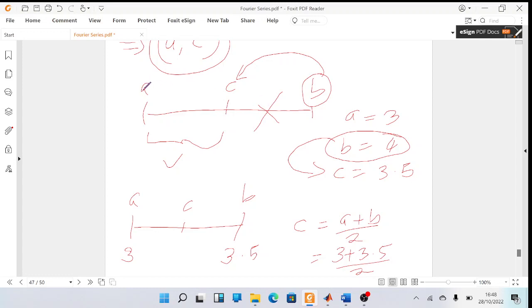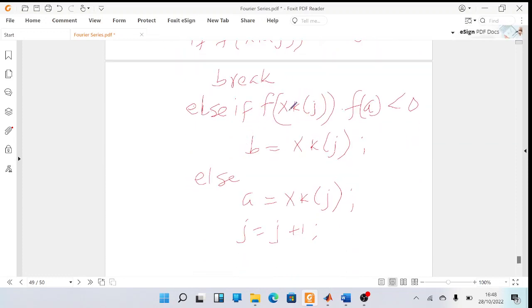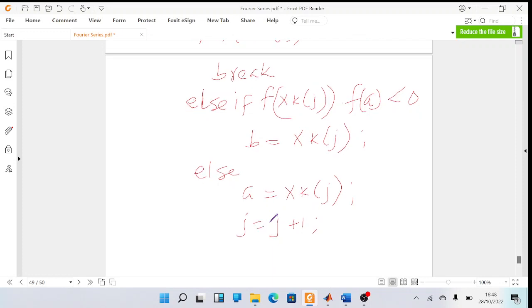So we move a from that point to point c. So that is what we are saying here, that if f of xkj, which is our c in that case, times f of a is negative, then the root lies between a and c, so the value b is moved to c. But if that is not the case, then a moves to c, so that the root lies between c and b, so that we replace a by c.